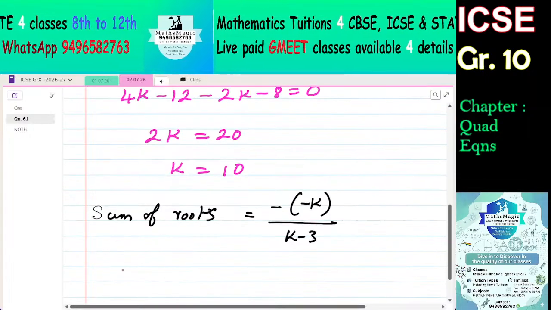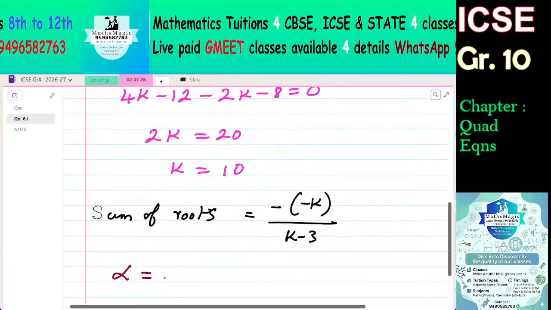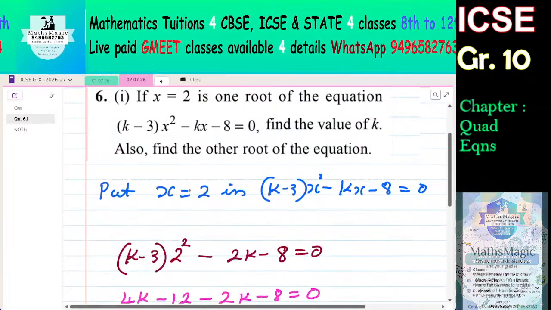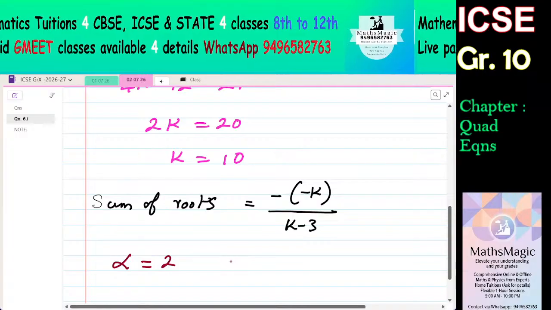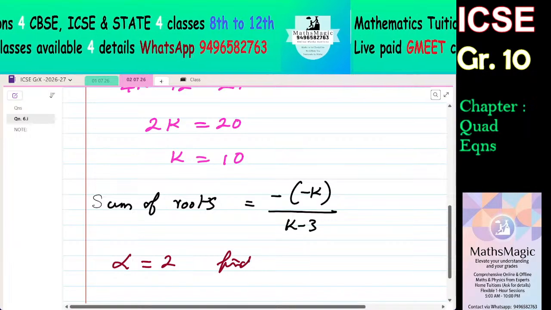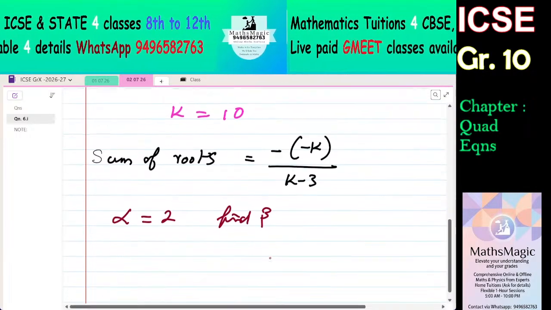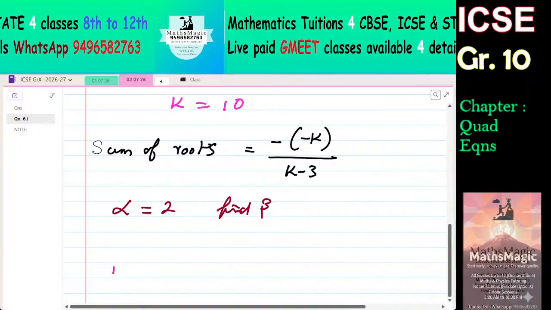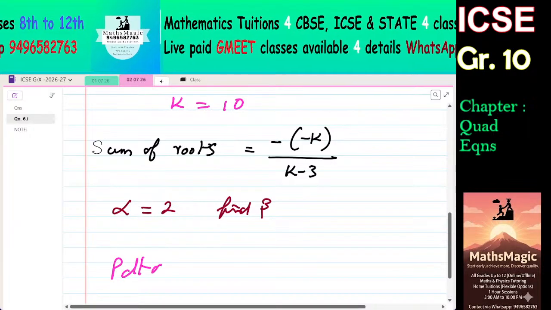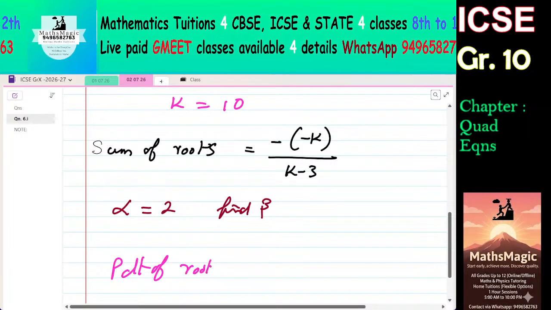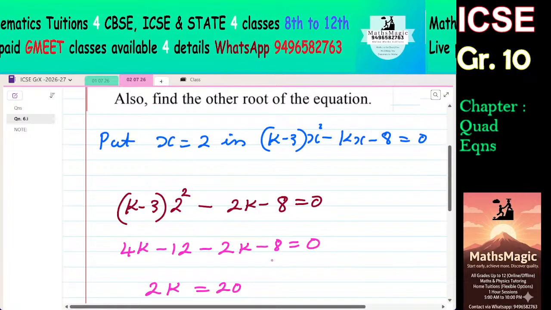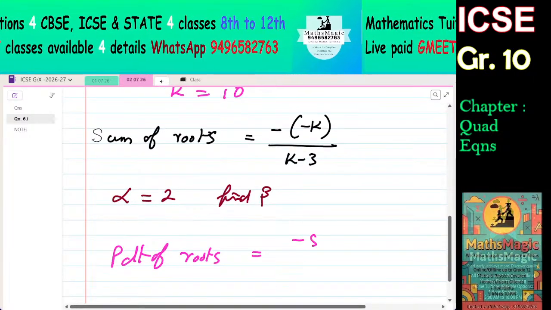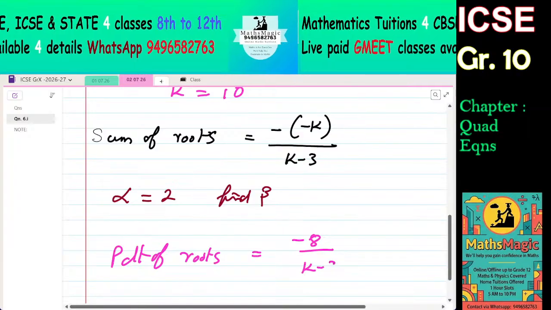Here one root is alpha, that is 2. We need to find beta. And in this case, product of roots is c by a, so minus 8 by k minus 3.